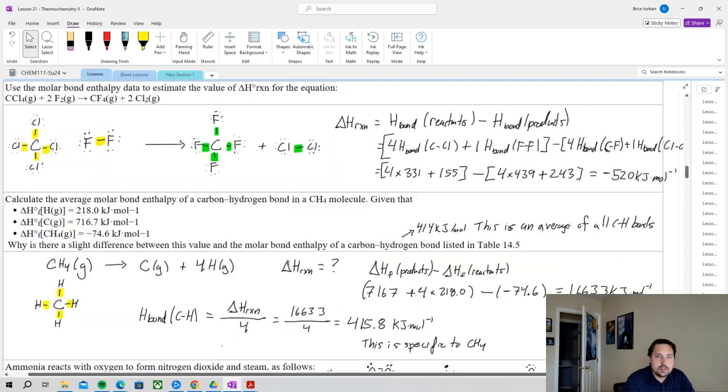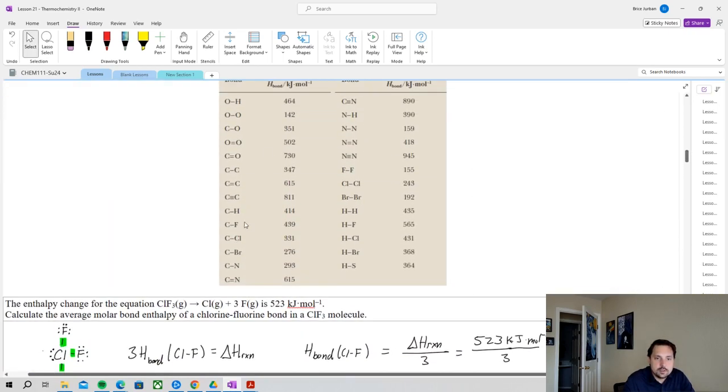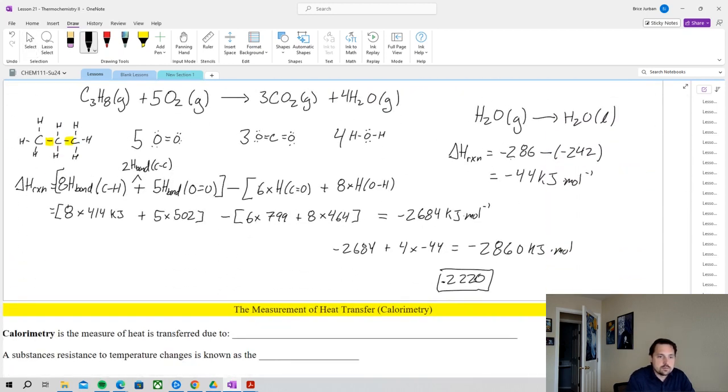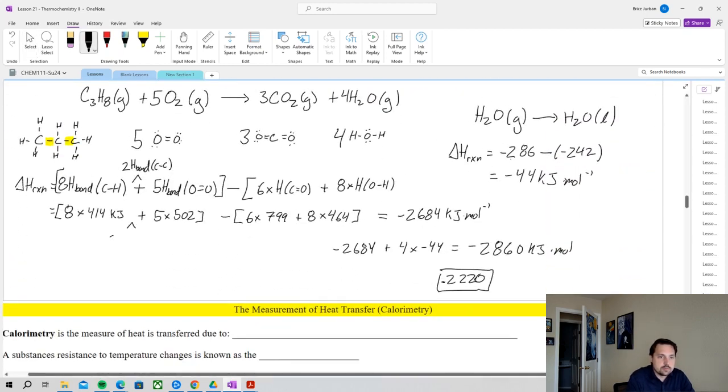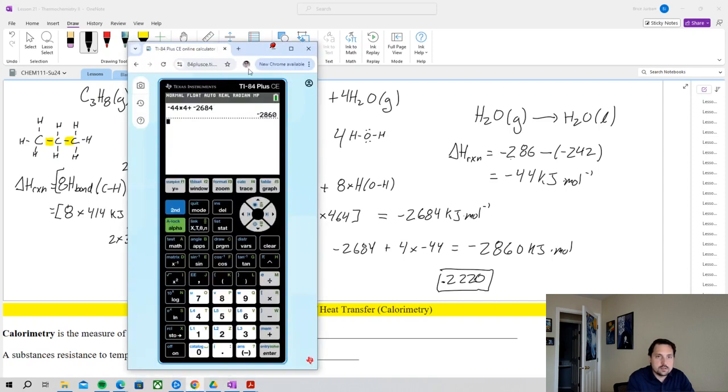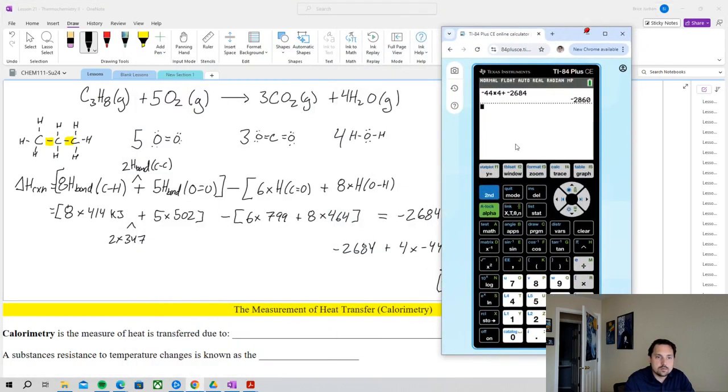Okay, so let's see what that bond energy is going to be. That's going to be 347. And okay, so that's going to be on top of, I think I can just add it into here.